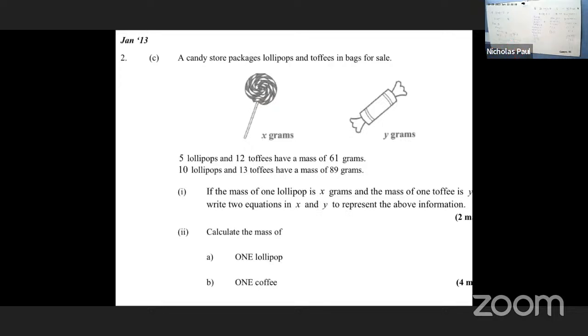It's solving simultaneous equations, but it's a worded problem. Right? Take a look at the worded problem now.